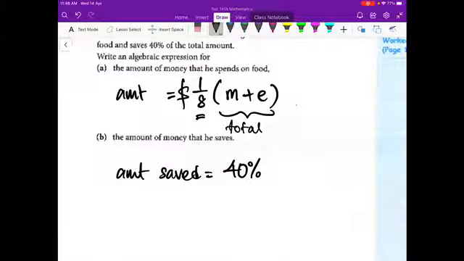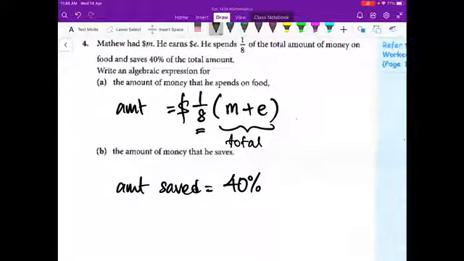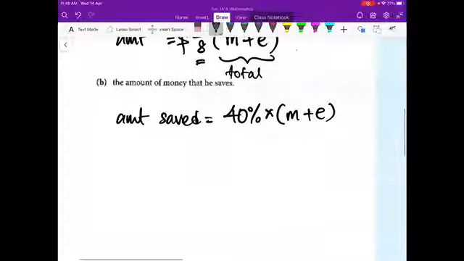Then 2 over 5, so 40% of the total amount, right? Of means times 100%. Okay, of means times. Times what? The total amount. What is the total amount? So M plus E. Then we have our percentage.